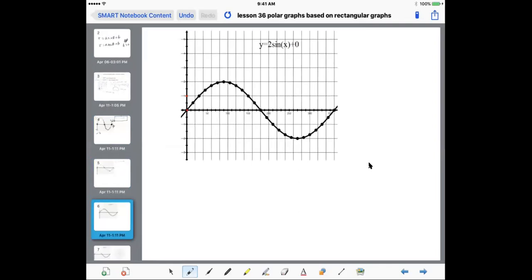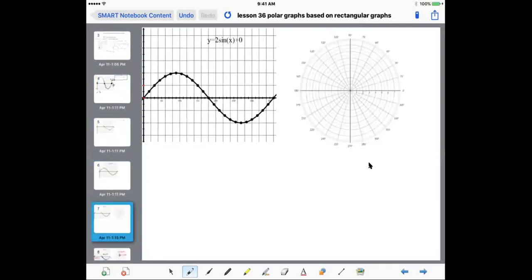Now here comes the new idea. So here I have side by side the rectangular grid, with theta and r, and on the side, I have a polar grid.